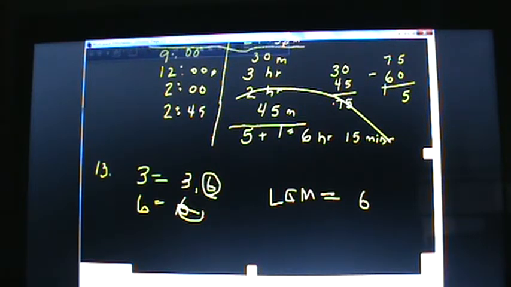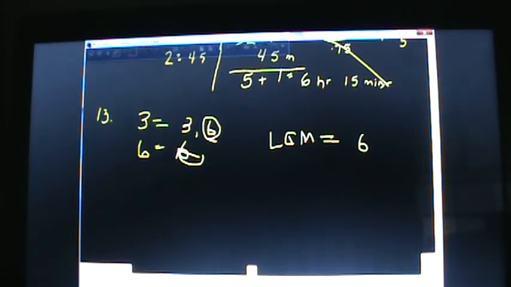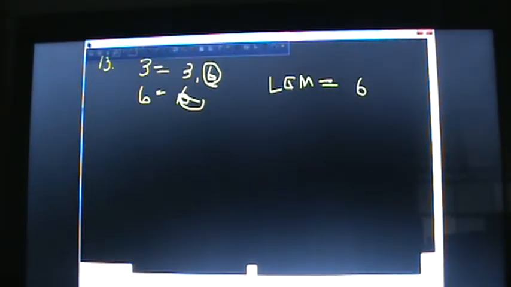Number 14. A rectangle, see if I can use my pen again.